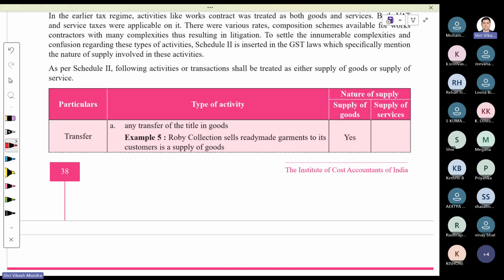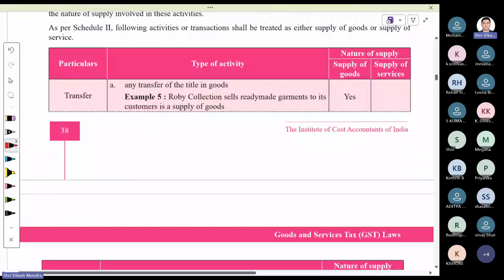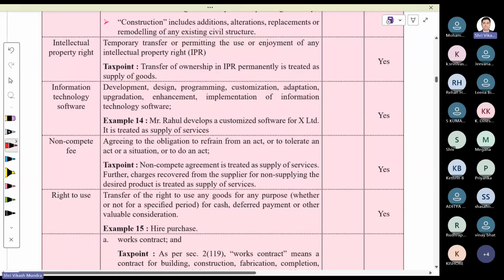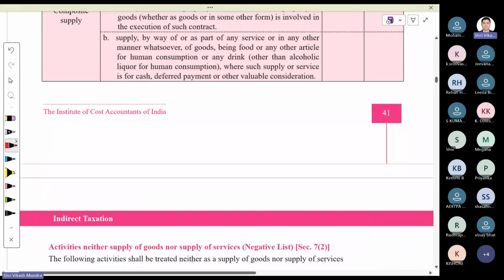Whether a particular supply is considered a supply of services or a supply of goods, we need to take the help of Schedule number 2. Generally we know the nature of a particular supply, but for a few we are required to understand. Like this hotel, we already took the example of dosa.